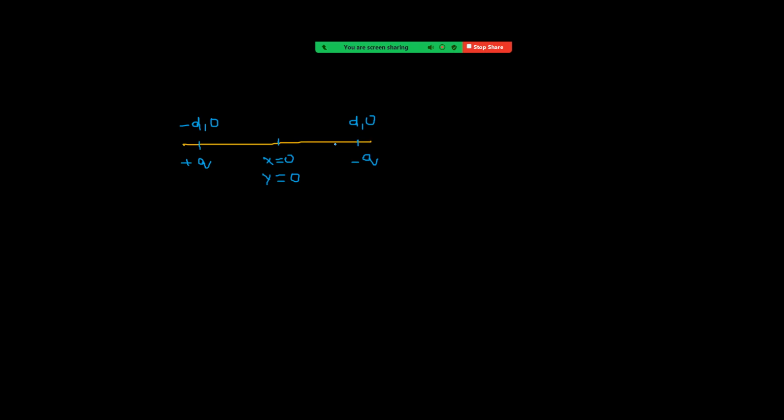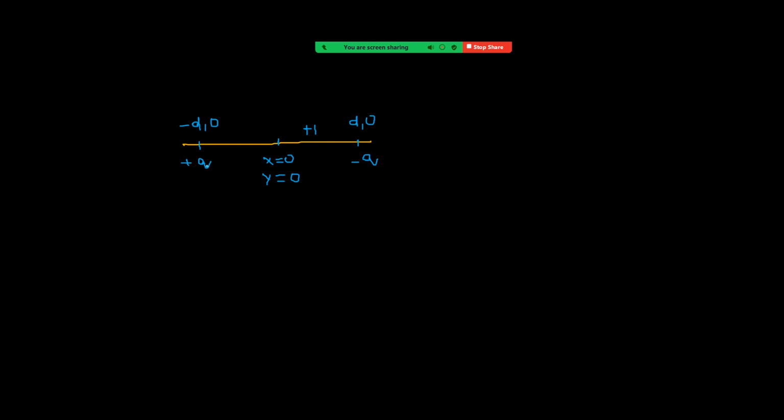If you take any point in between plus q and minus q. See, we have discussed that whenever we want to calculate the strength of the field, first we have to imagine a unit positive charge at that point. So imagine anywhere in between plus q and minus q, one positive charge. If I take a positive charge, see what happens.